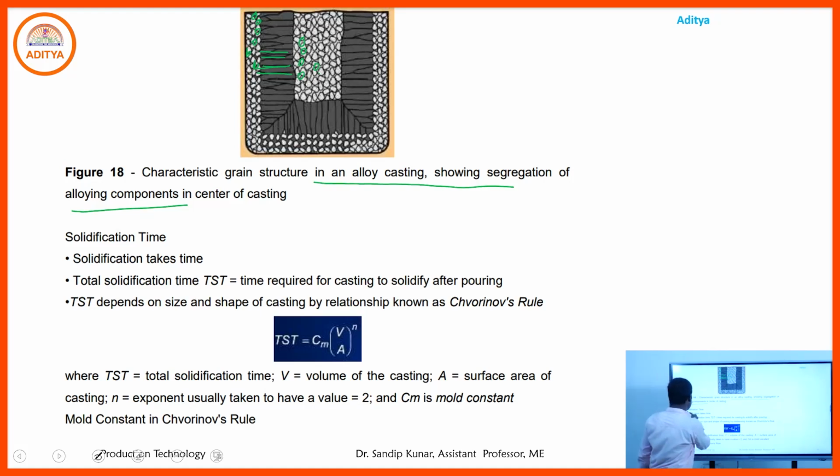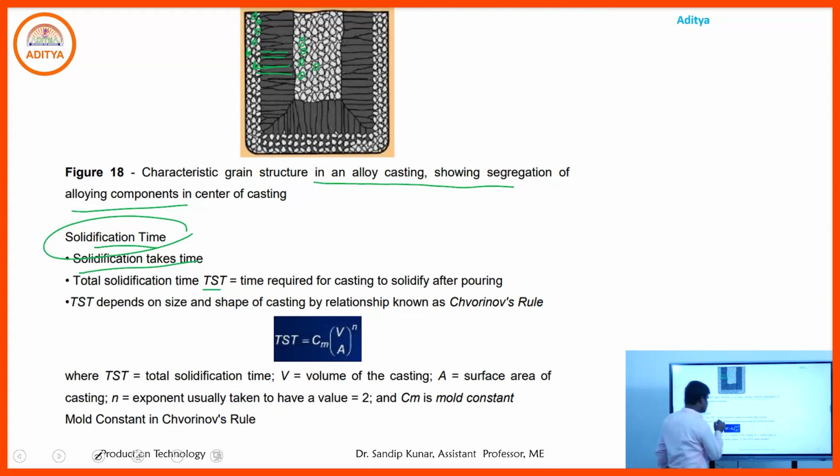So solidification takes time. What will the solidification of that molten metal depend on? It will depend upon the volume of the casting and the surface area of the casting, because the heat transfer rate depends upon the area of that particular casting.